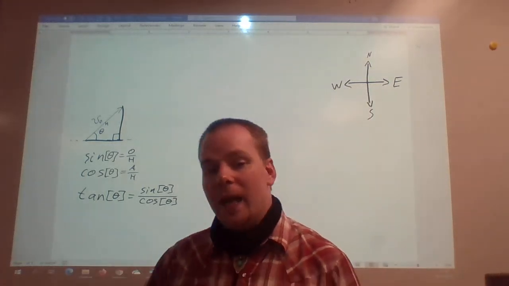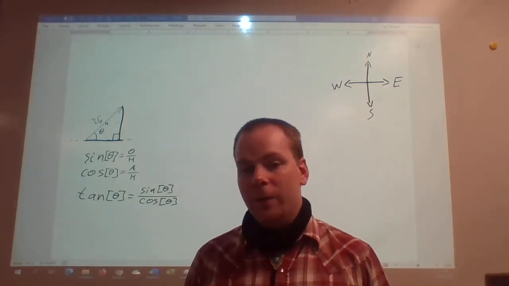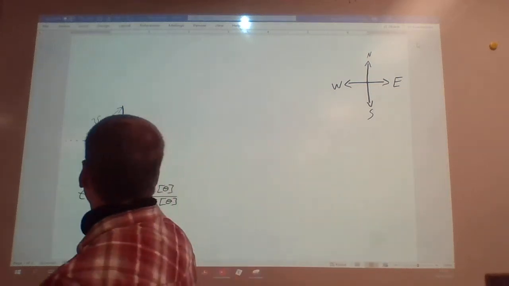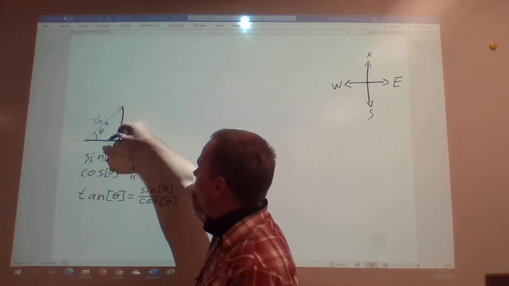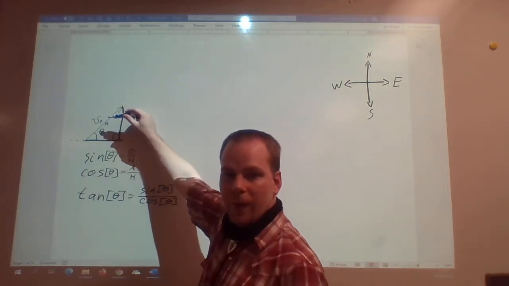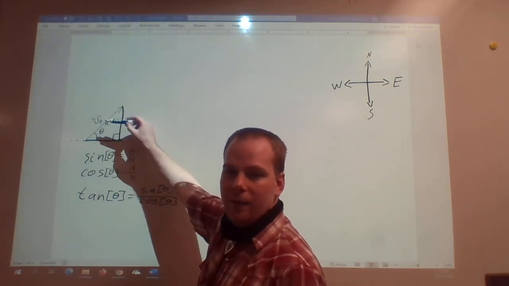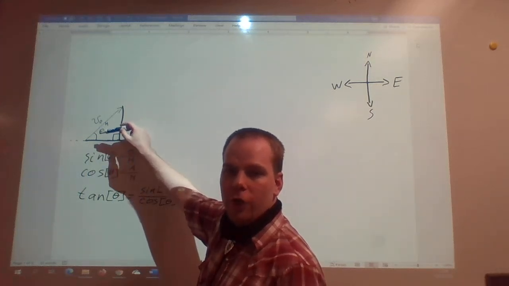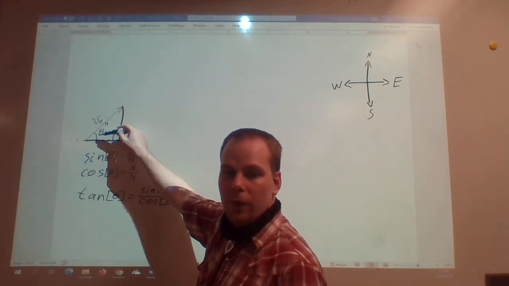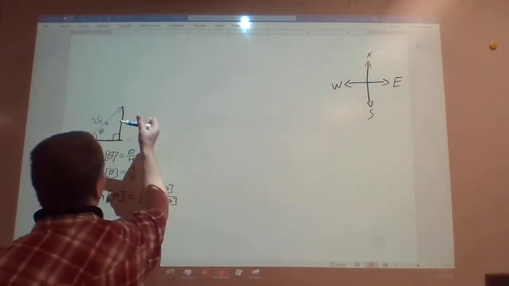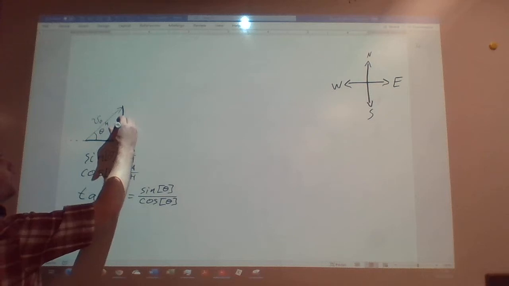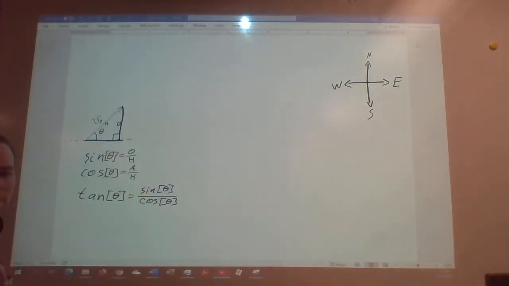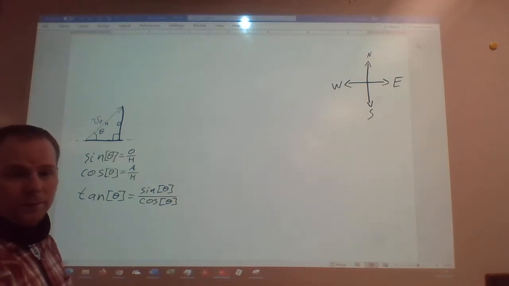Okay, opposite and adjacent are relative to the known angle theta. So if we look at this triangle, we have three angles and three legs, or three sides. Every side is opposite an angle. So for our known angle, the leg that is opposite it is going to be O. So in this case, our vertical leg is the opposite leg.